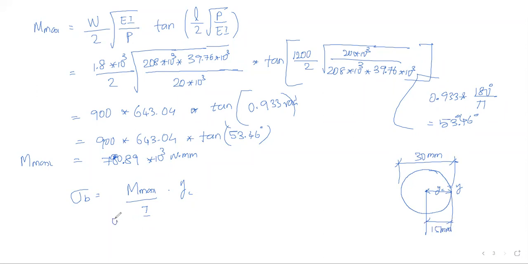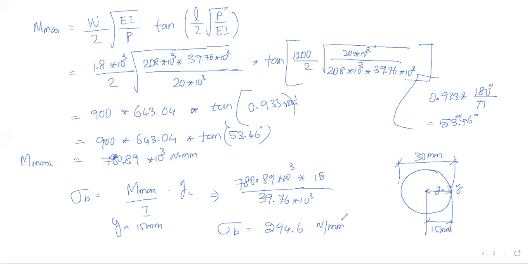So y is equal to 15 mm. I can substitute these values: 780.89 into 10 cube into 15 mm divided by I value, 39.76 into 10 cube. By substituting these values, I get the bending stress value, that is 294.6 Newton per mm square.